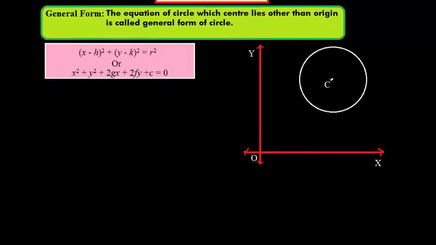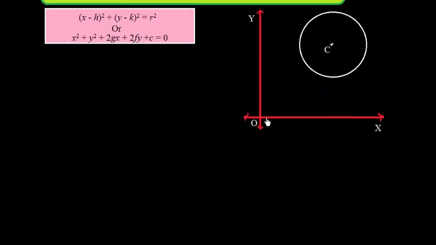So let us see this figure. Here you see our x-axis, this is our y-axis, and this is our circle whose center is C. We take a point P on the circle, which is the variable point, and the coordinates of this point P are x and y.